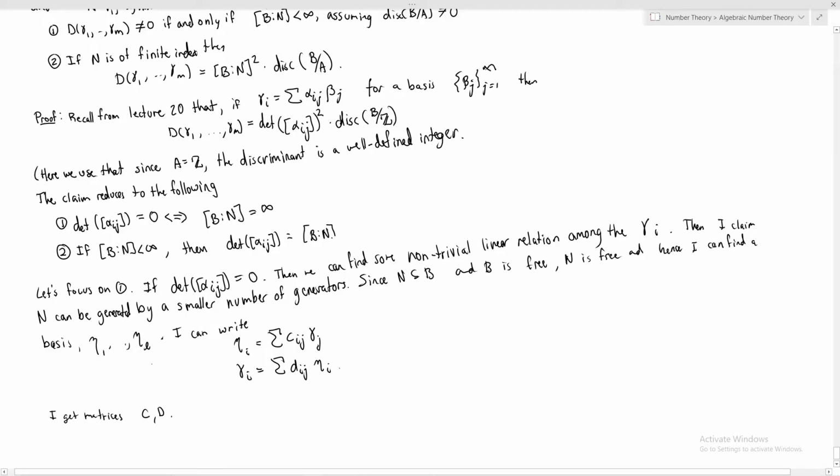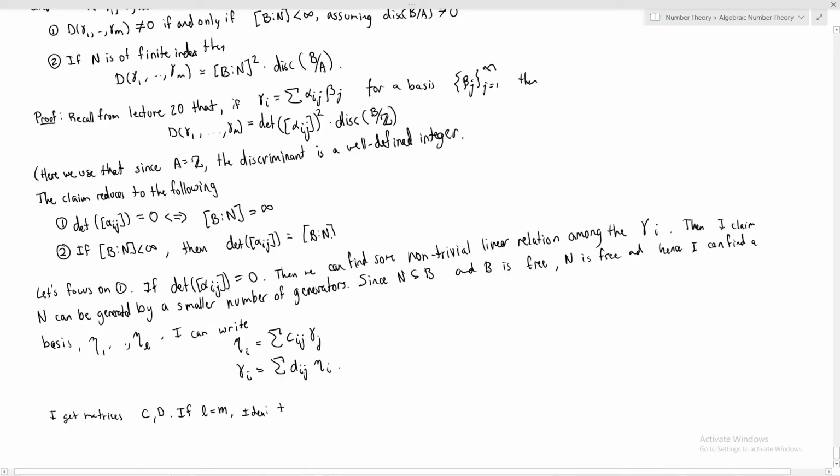I see. If L equals M, then the linear combination of gamma i's that is 0 will induce some linear combination of eta i's which is 0. So that's the idea.